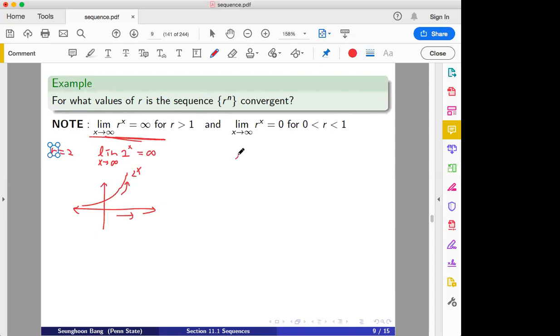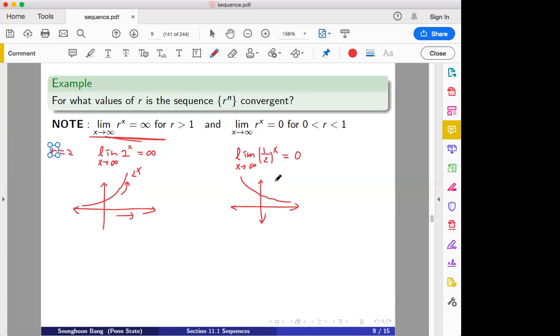So one example is the limit as x approaches infinity of 1 over 2 to the power x. The answer is 0, because you can sketch the graph of 1 over 2 to the x. It is a decreasing graph.